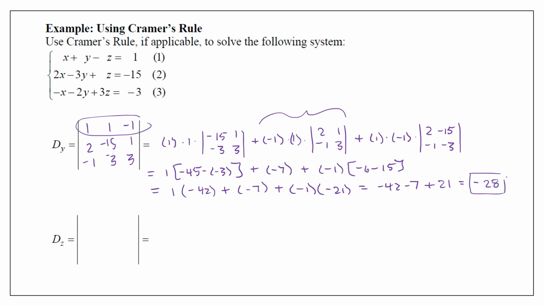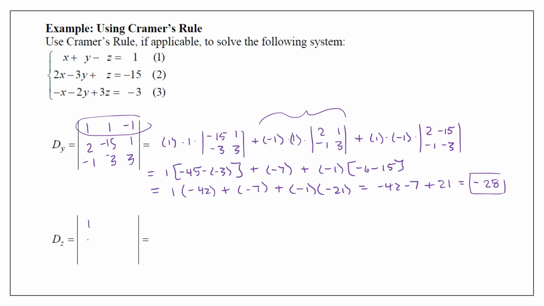Awesome. Last one is the determinant subscript z. Similar process. The coefficients for the variable z, we're going to replace with the constants, and we will keep the coefficients for the x and the y variable the same.